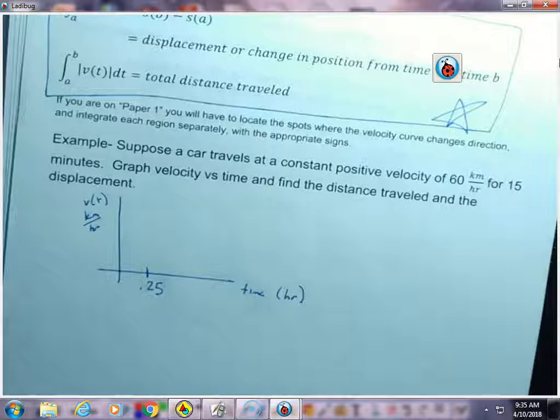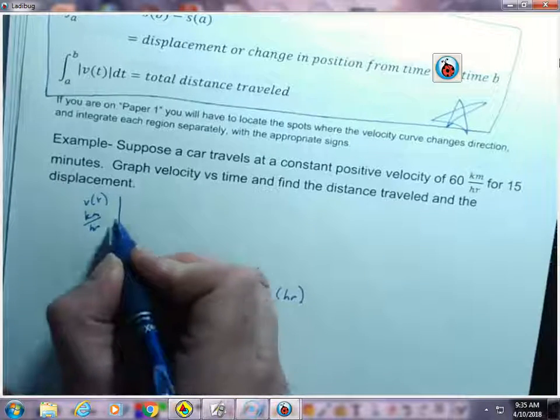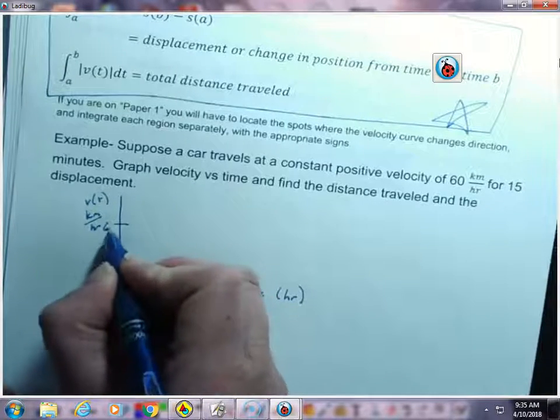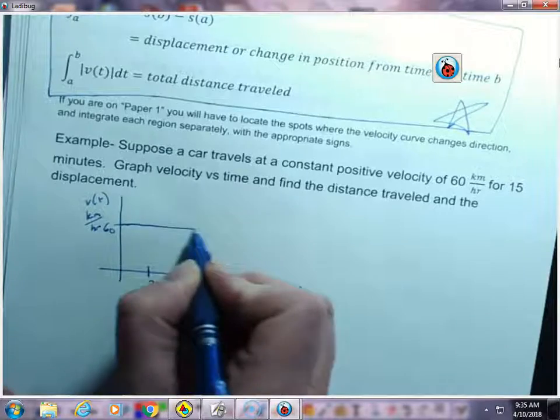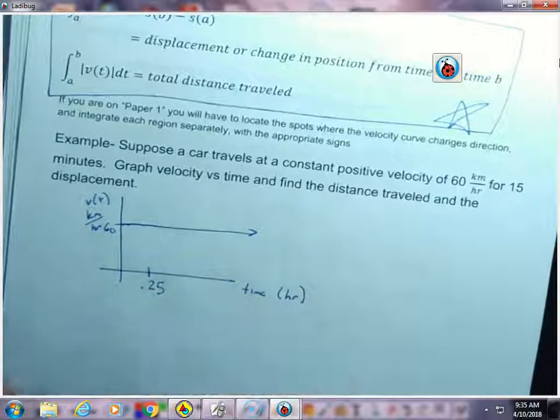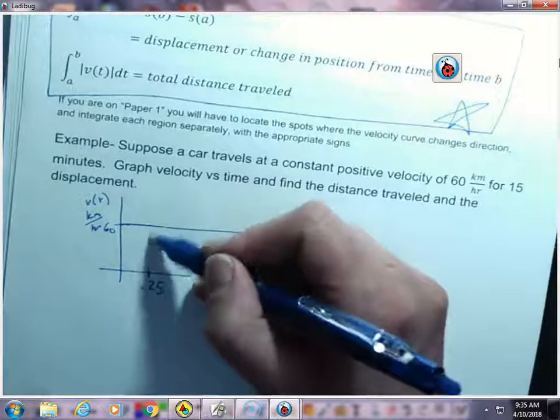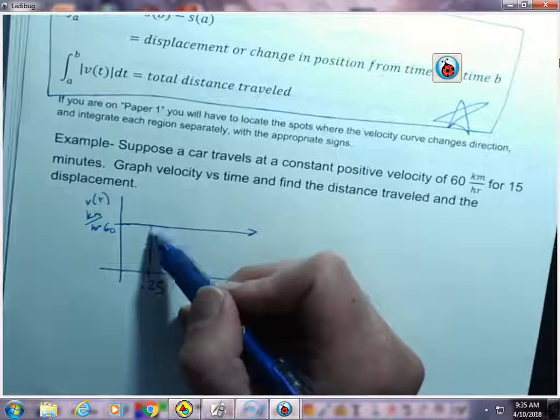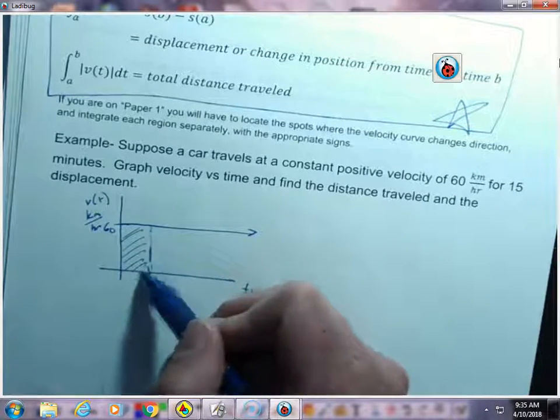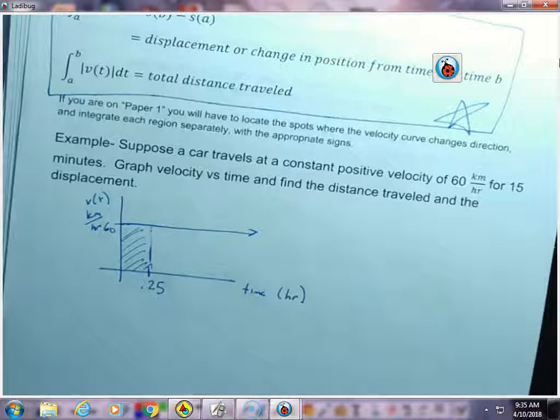Okay, I'm just waiting. Okay, so for this, it's just going to stay at a constant 60, and I really don't know that it's going to do that after 15 minutes, but I'm going to do a little sketch here. The reason I'm doing a sketch is because it wants distance traveled and displacement, and that's represented by the area under the curve.